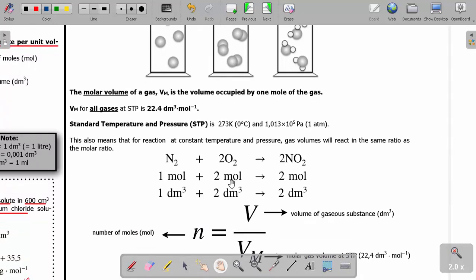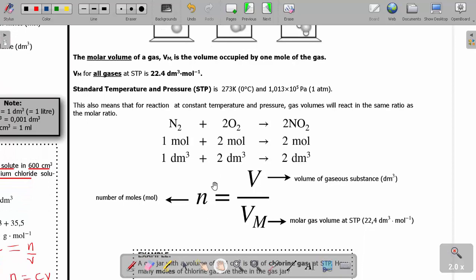So in this particular case, understand, guys, that the molar volume of a gas, that is Vm, is the volume occupied by 1 mole of the gas.